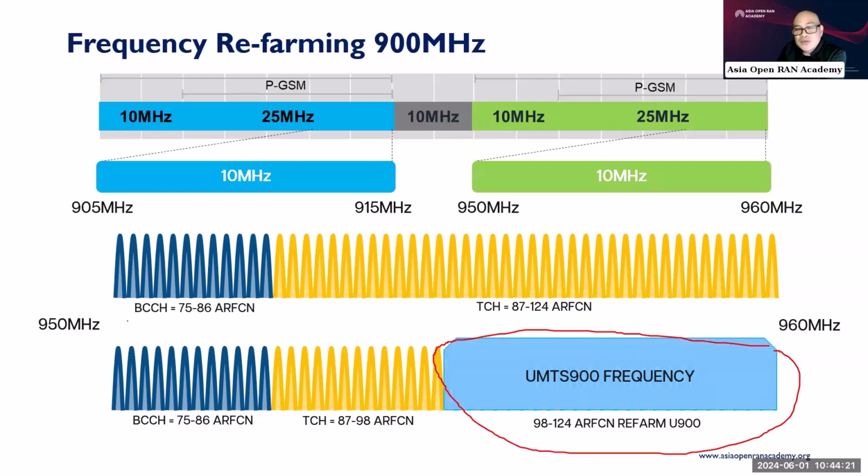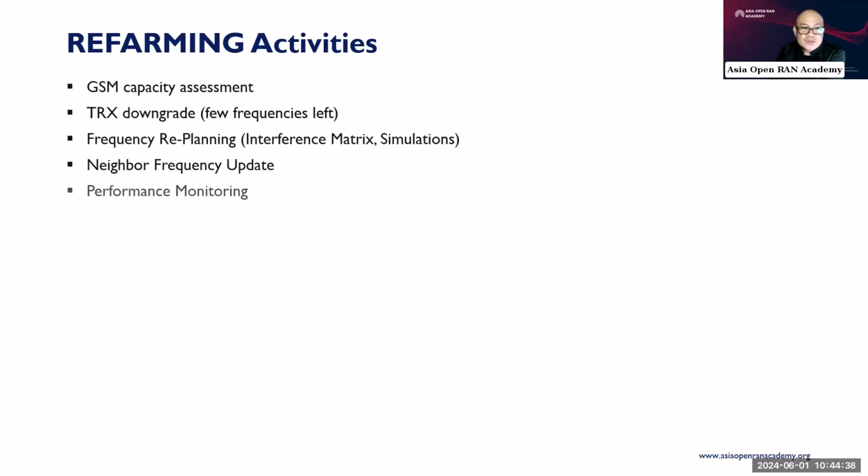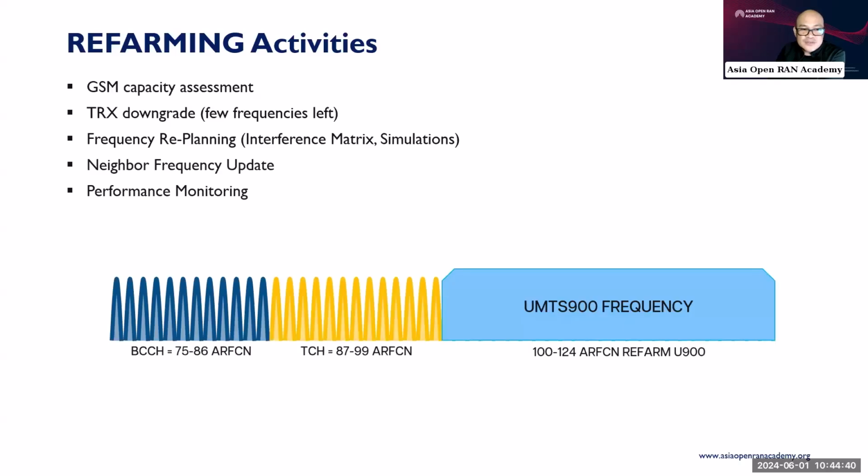And then suddenly you can also use this one for LTE. And then kung gusto mo nang i-sunset din itong ano na to, pwede mo gamitin to for LTE. Okay? So that's how we are using it. So there's a lot of considerations when you are trying to do a frequency refarming.